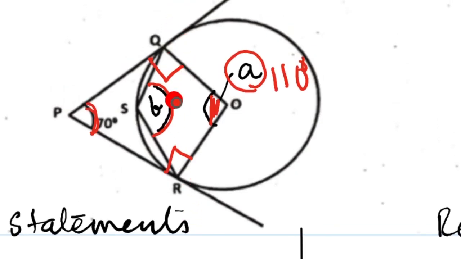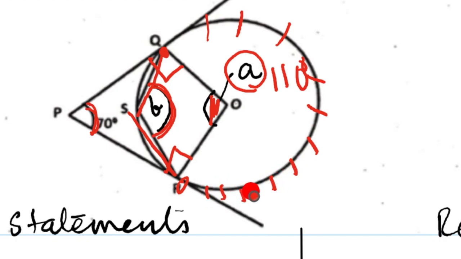Now in order to get this, B is the angle which is subtended in the minor segment. So it is subtended by this major arc. Now this major arc at the center is making this angle, which is the reflex angle QOR.